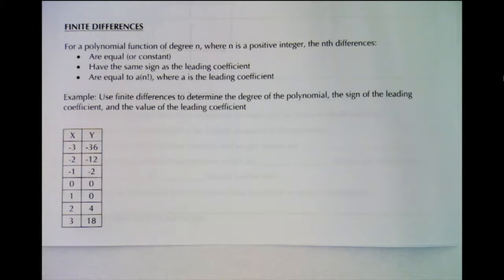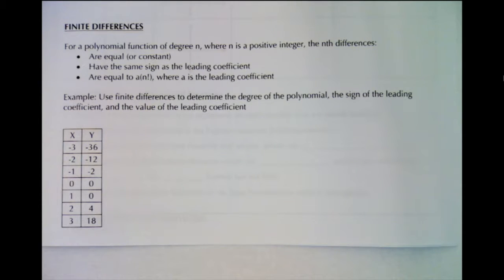We've explored in grade 9 and grade 10 what relationship happens when we find the first difference. If the first difference comes out constant, we can conclude that we have a table of values that represents a line. If the second difference comes out constant, we have a relationship that represents a parabola.